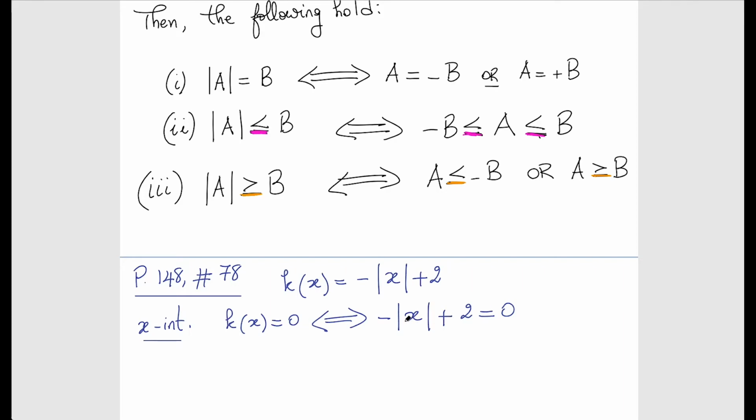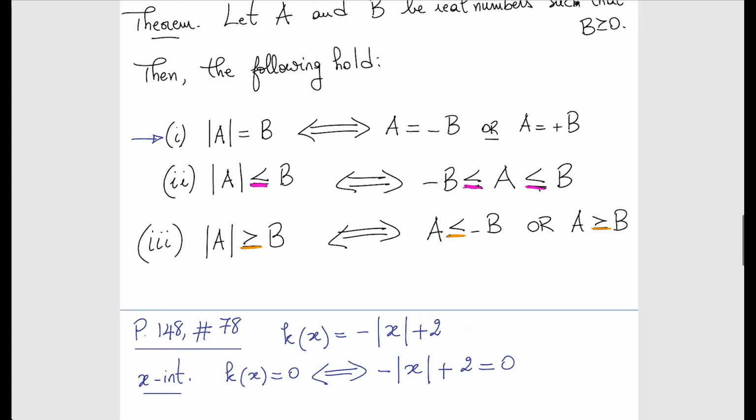All right. So this is an absolute value equation. So in some way, I need to invoke part 1 of the previous theorem. To set the stage, I need the absolute value by itself on one side and the other guy by itself, and I need this guy to be bigger than or equal to 0, right?